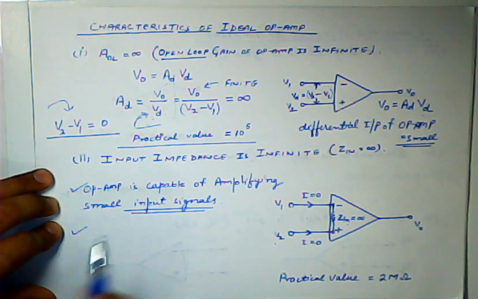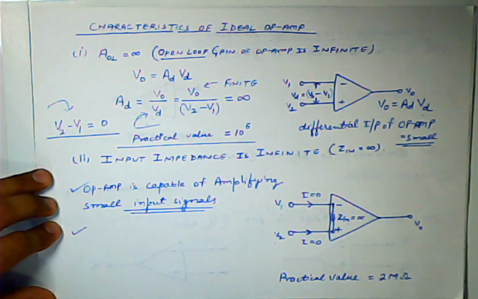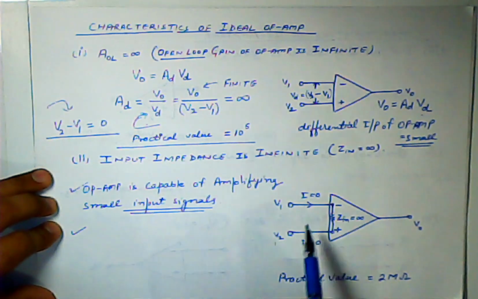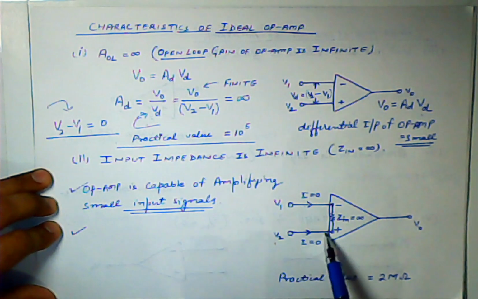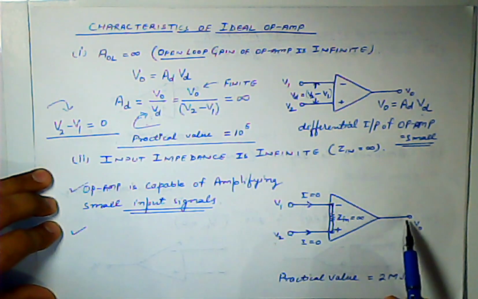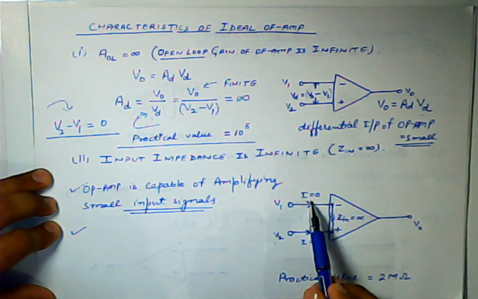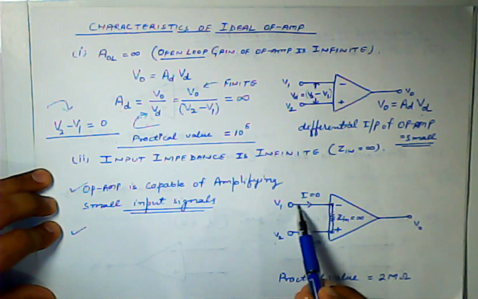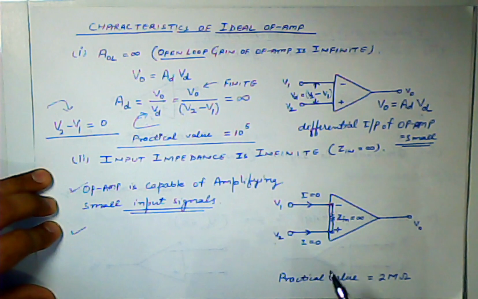The second thing we can deduce from here: if there is no current at the input side, definitely the output is not dependent on the current, because there is no input current at the input side.